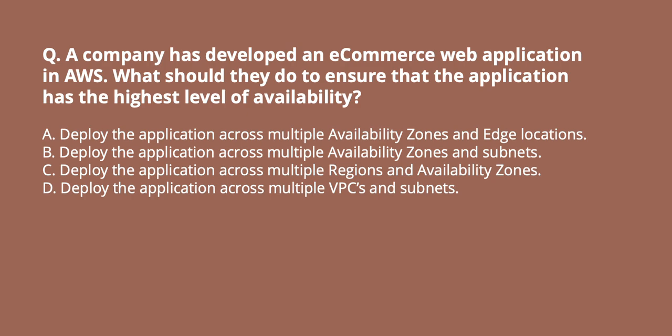Availability zone is okay, but edge location sounds weird. Option B, deploy the application across multiple availability zones and subnets. Option C, deploy the application across multiple regions and availability zones. And option D, deploy the application across multiple VPCs and subnets.